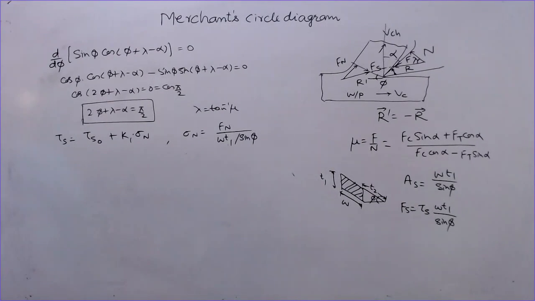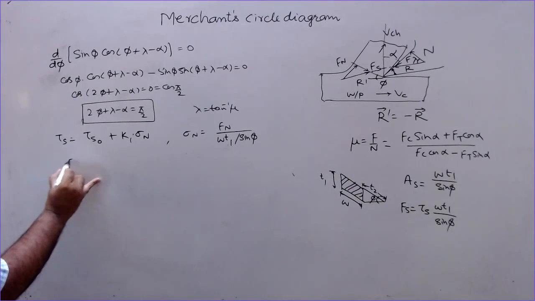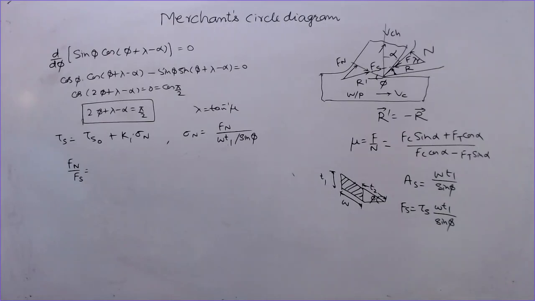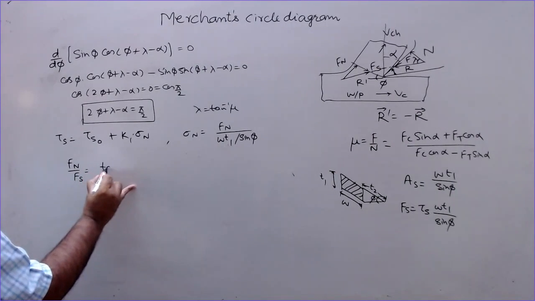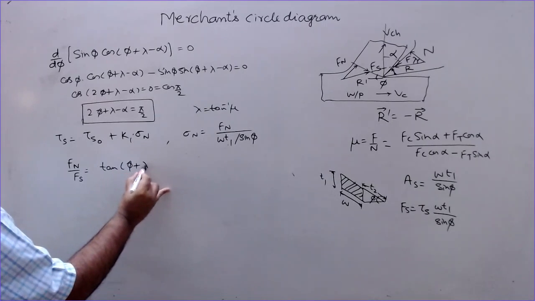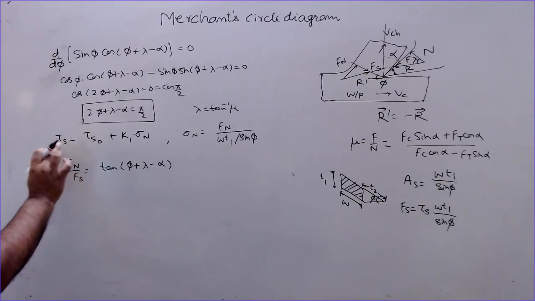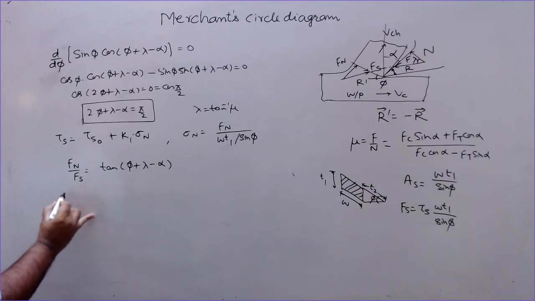Now we can write the relationship. Fn and Fs, if you remember I had written the relations, are related as tan of phi plus lambda minus alpha. So I put the values in this equation.